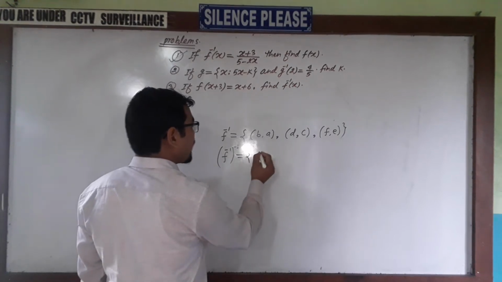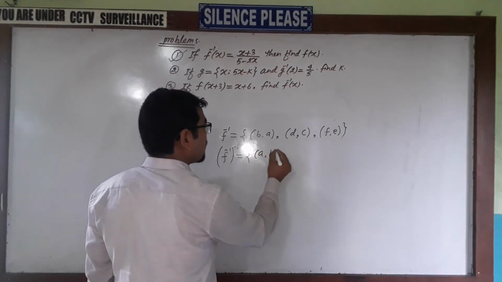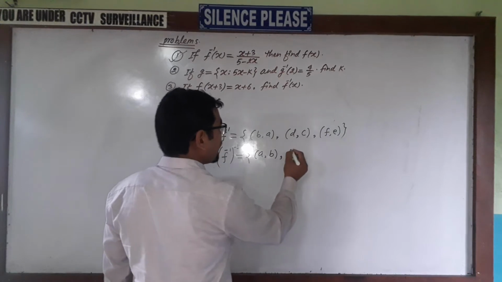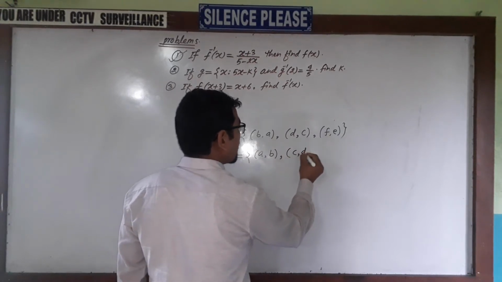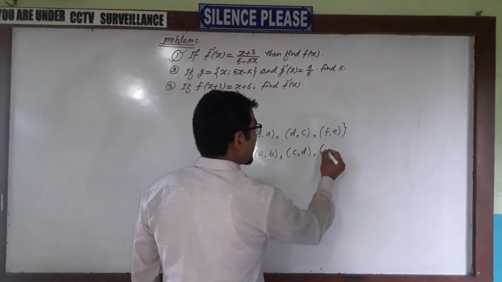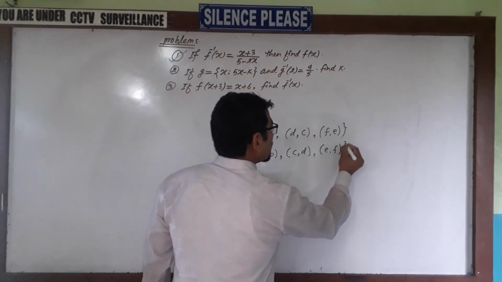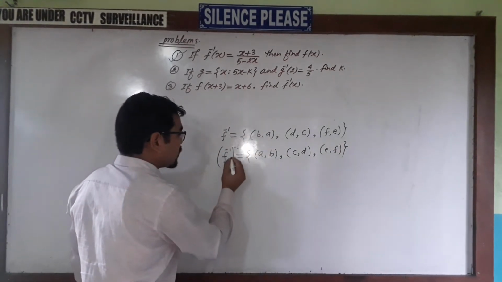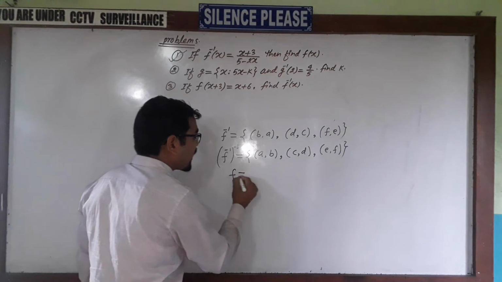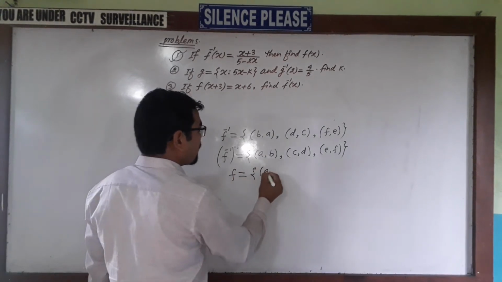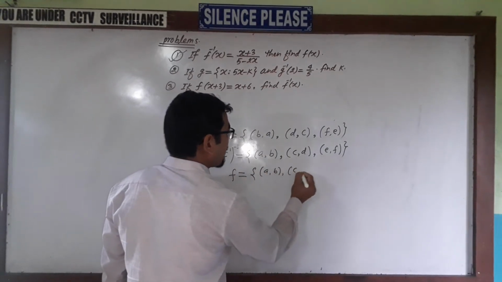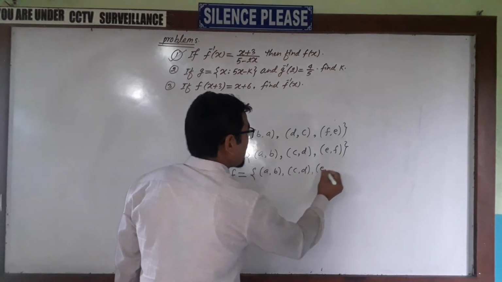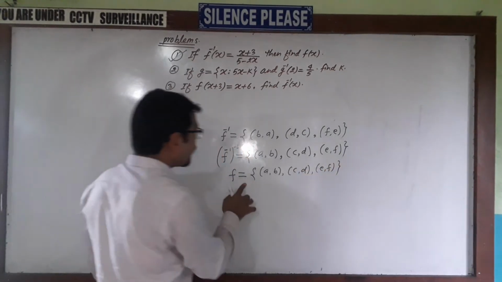This (b, a) we can interchange again, then (a, b) becomes. Similarly, (d, c) we can write as (c, d). Similarly, (f, e) we can write as (e, f). This is the original function f, that is the same (a, b), (c, d) and (e, f).